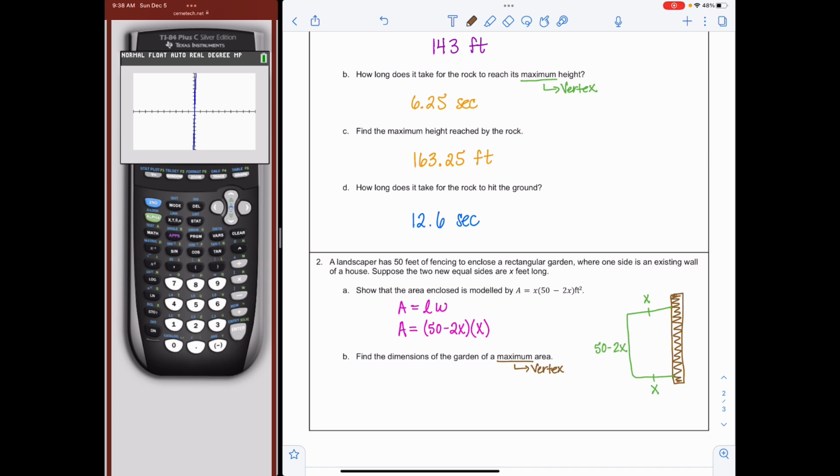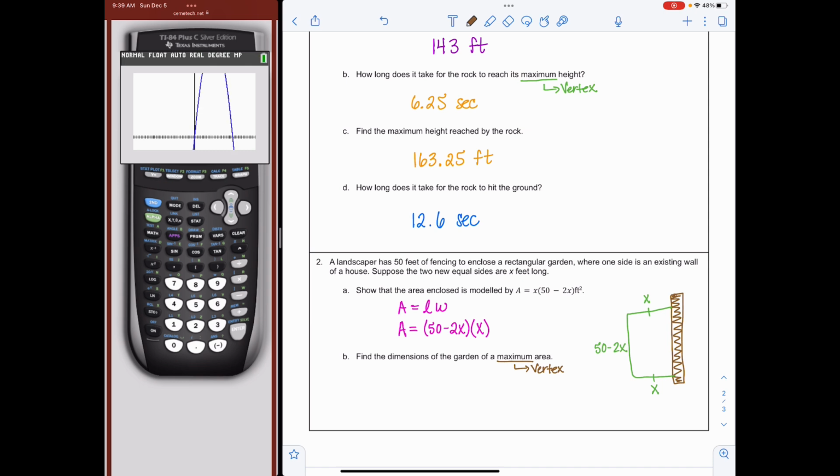Okay, I only see part of my graph, so I'm going to zoom out, and then adjust my window so that I can see the maximum. I'm going to start off with 200 as the Y maximum.